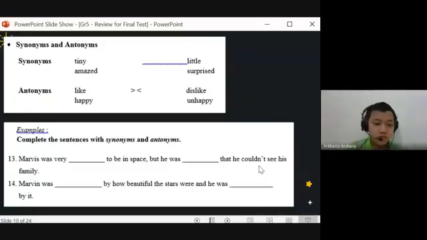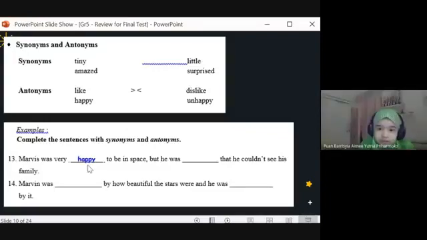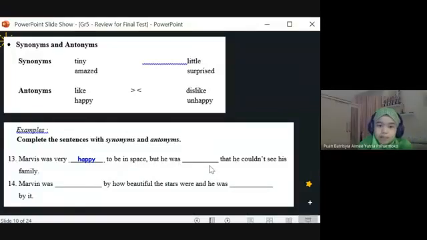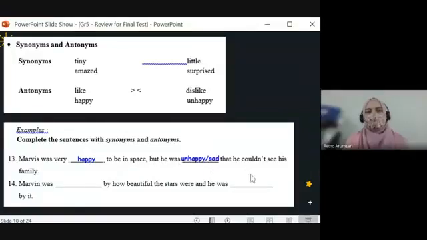Antonym, because there is a "but" there. So what goes here and what goes here? Happy to be in space, but he was unhappy or sad that he couldn't see his family for a long time. All right, good.